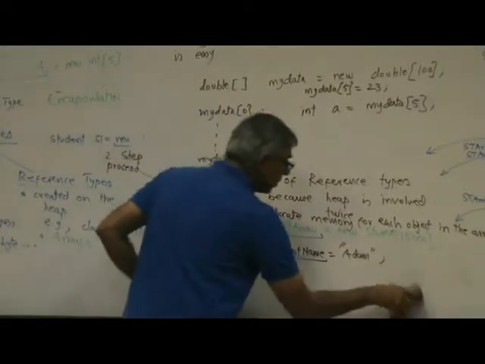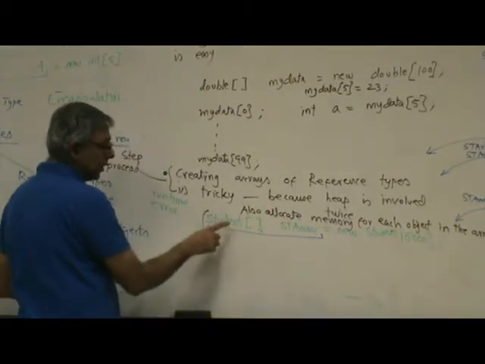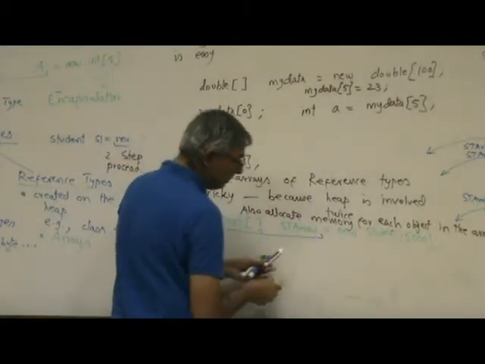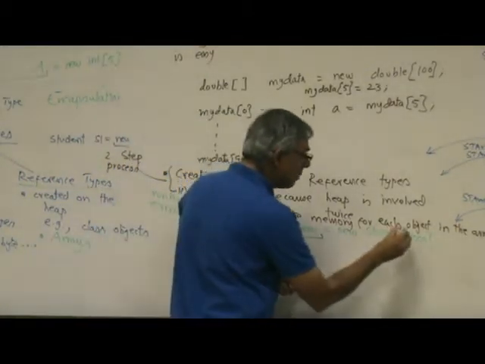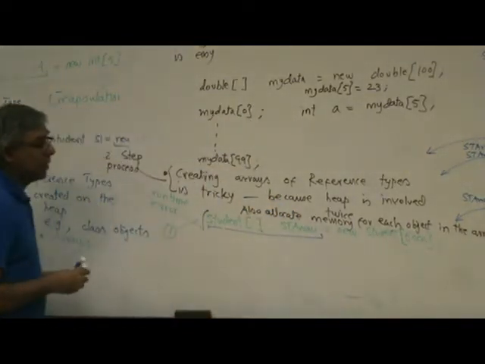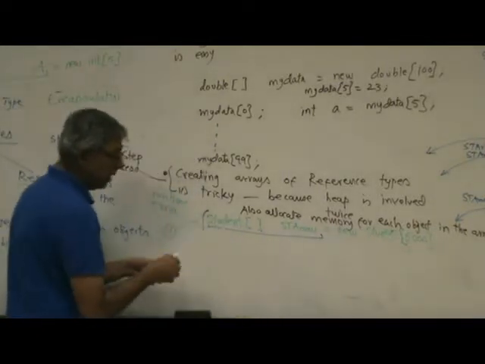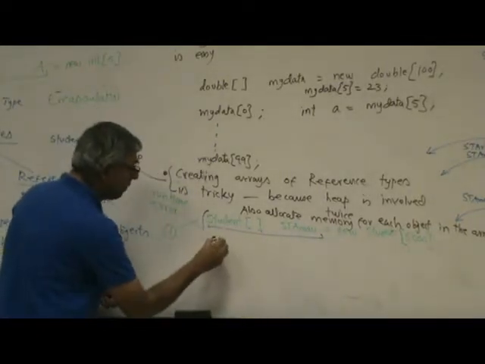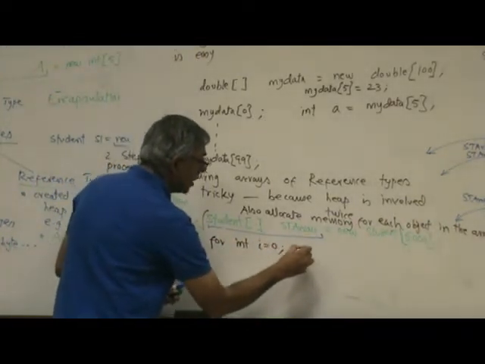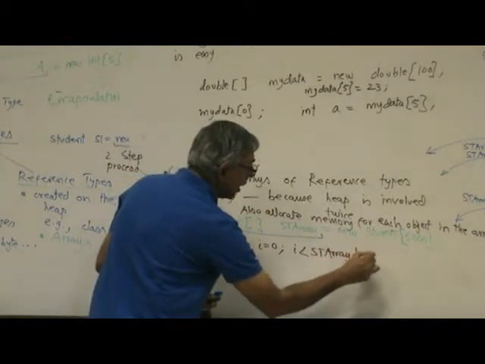Okay, so what's the proper way to do it? We'll write student stArray equal to new student 5,000 if we wanted to allocate memory for 5,000. So this is our step 1. Then we have to allocate memory for each student over here. So we will write a loop: for int I equal to 0, I less than stArray.length.